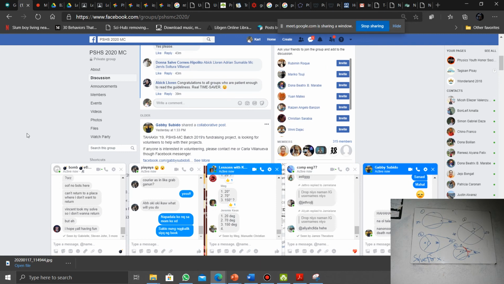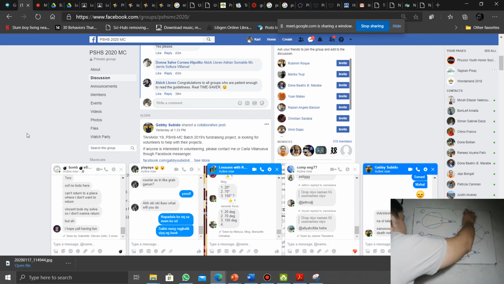Number 4. Pakitaas ko yung number 4 para mas makita niya. Nakuha niyo naman yung 1 correctly eh. Ito yung number 4.